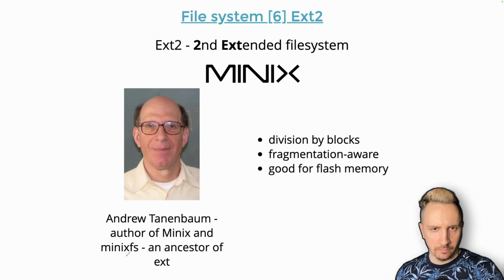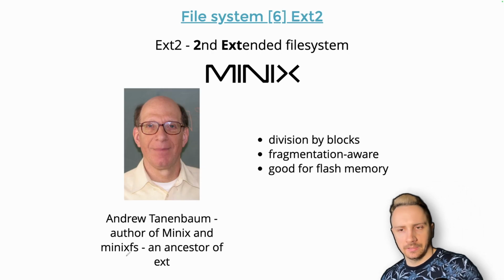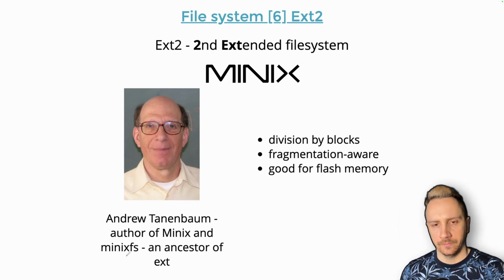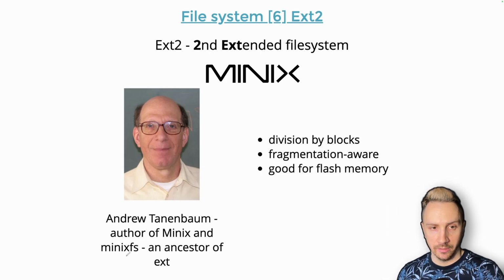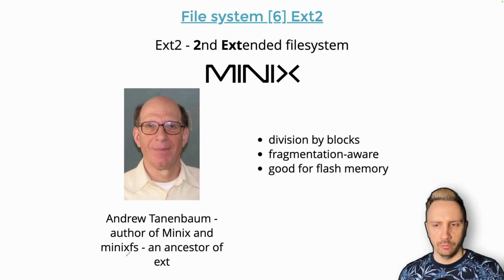The next file system is ext2. It's called the extended file system, second version. This is the second version of the family of extended file systems, which comes directly from Minix, the operating system created by Tanenbaum, from which Linux was started. Extended file system ext is quite poorly documented, to be honest.